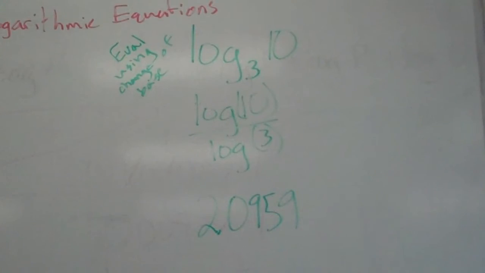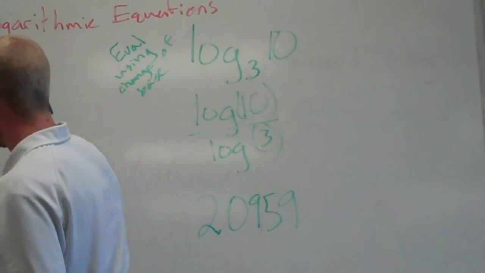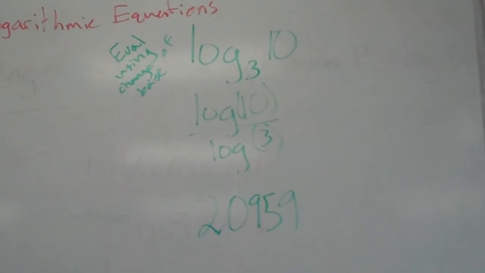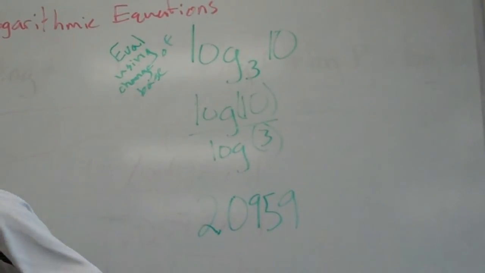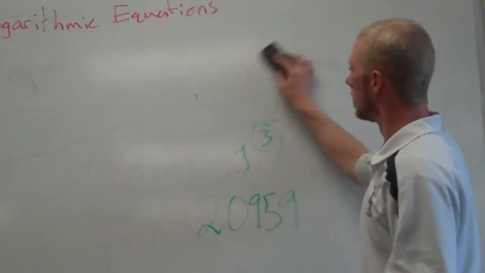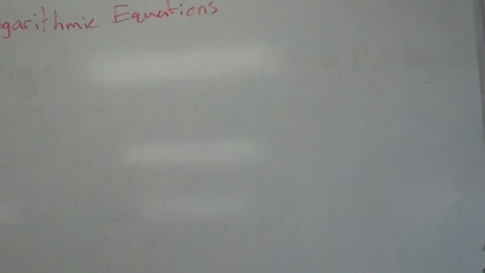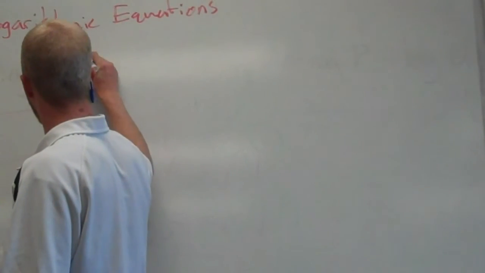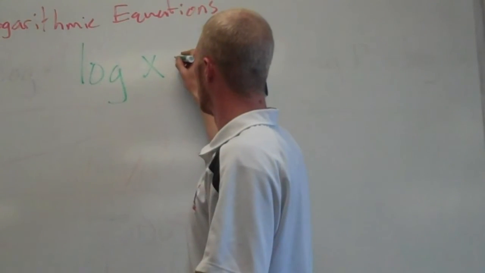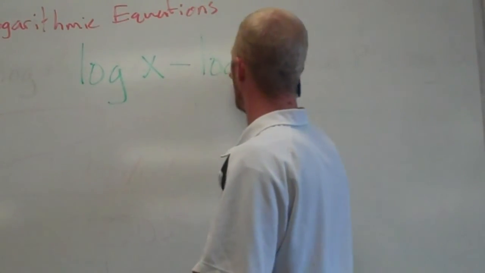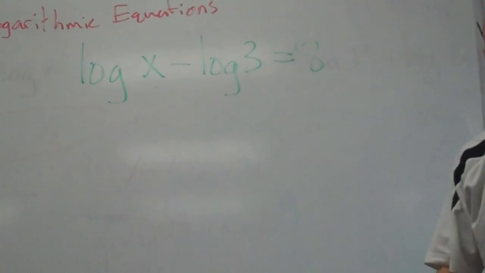Now the only other piece we want to look at is how these are going to get a little bit more complex using our properties of logarithms. So what these ones look like are something like log of x minus log of 3 equals 8.